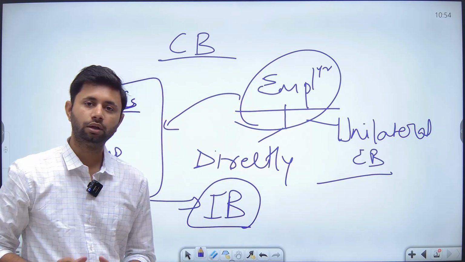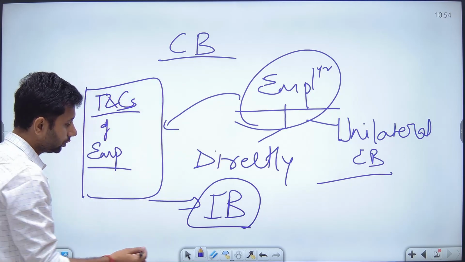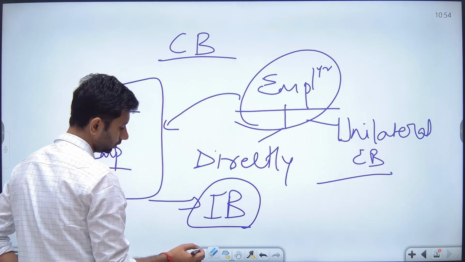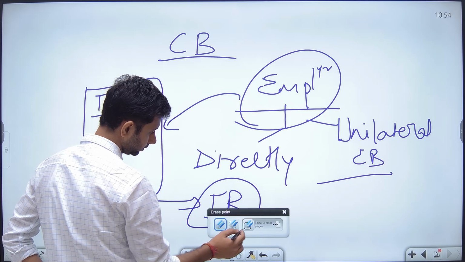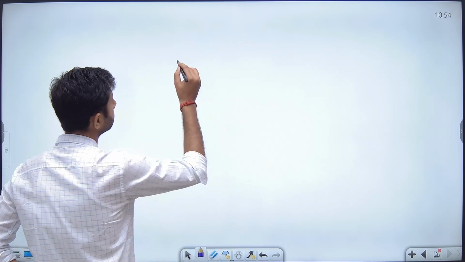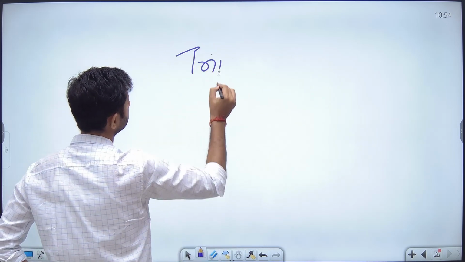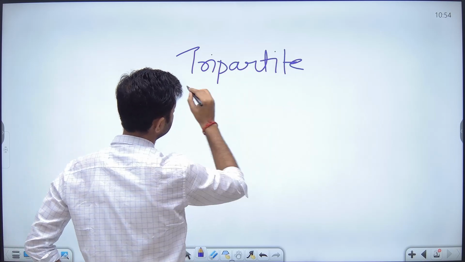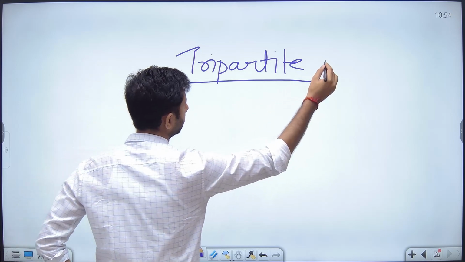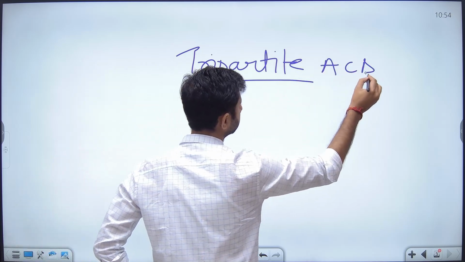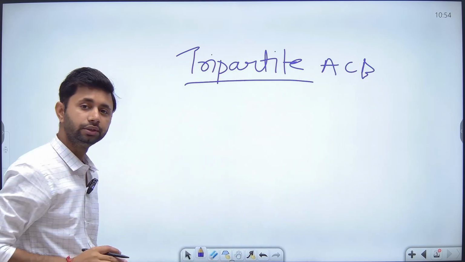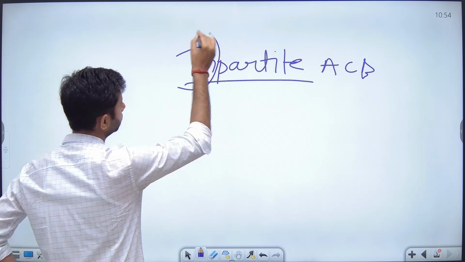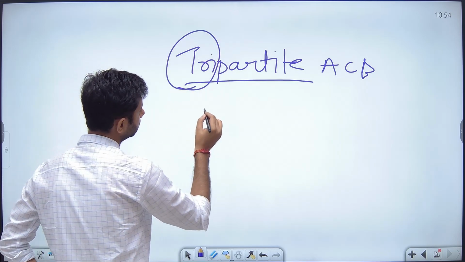Did you see that? And now we'll go to the tripartite approach to collective bargaining. In this approach, as you can see, we're talking about three parties.